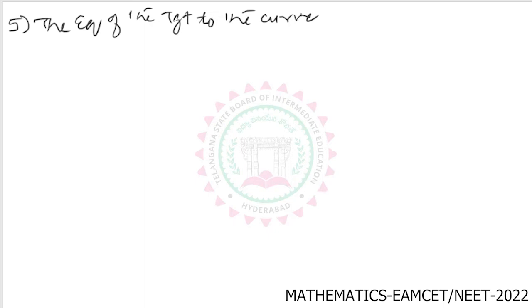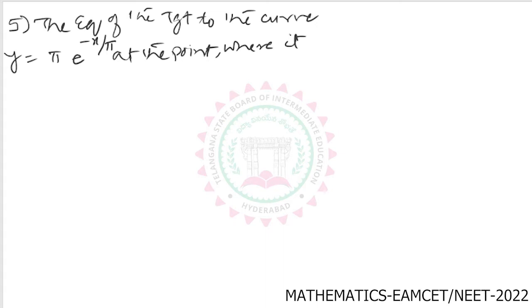The equation of the tangent to the curve y = π e^(−x/π) at the point where it crosses the y-axis.